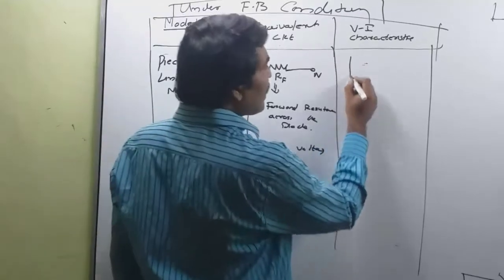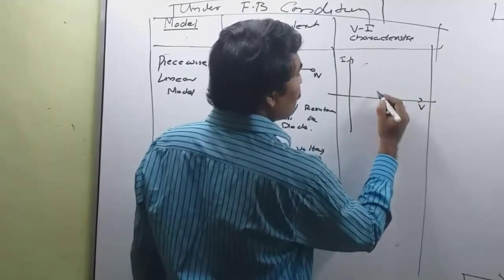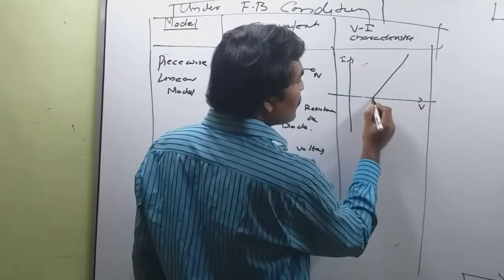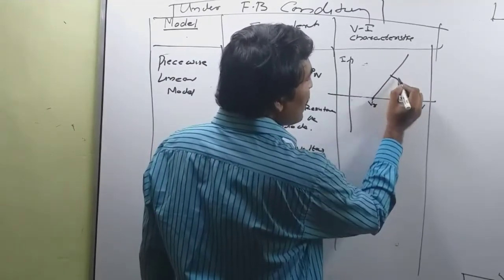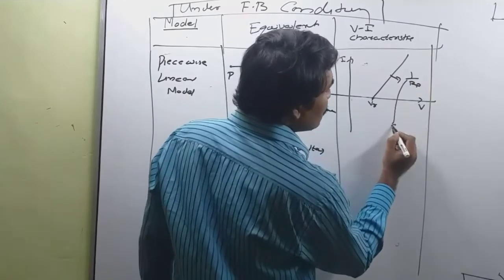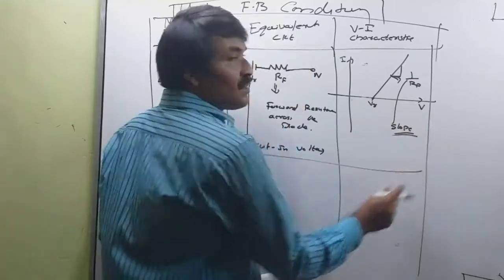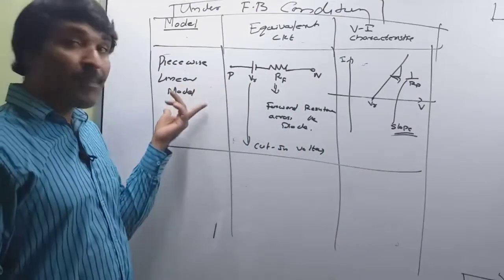So our VI characteristics become like this, with I and V axes, and this is our VR, and the slope of this line is equal to 1 by RF. Piecewise linear model of a practical diode.